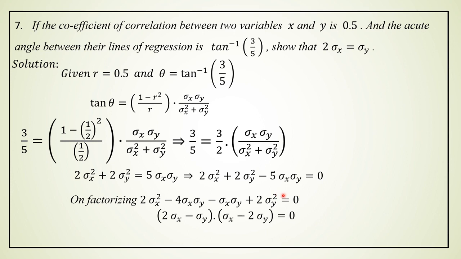On factorization, you are going to get the terms as 2 sigma x minus sigma y into sigma x minus 2 sigma y is equal to 0. So equating one of the factors, that is 2 sigma x minus sigma y is equal to 0, you are going to get 2 into sigma x is equal to sigma y. So that completes the proof here.